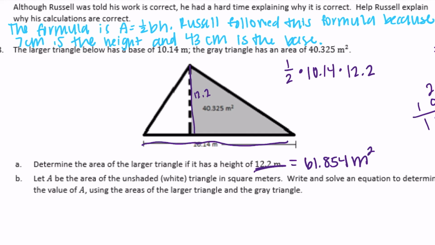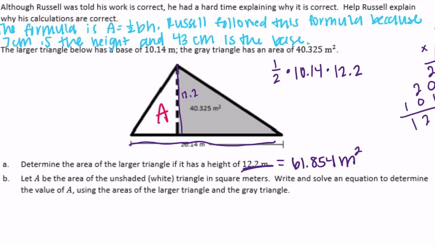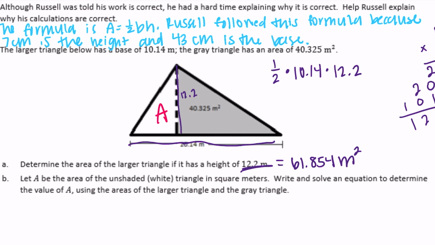Let A be the area of the unshaded white triangle. So here's A. It's the area of the unshaded triangle in square meters. Write and solve an equation to determine the value of A using the areas of the larger triangle and the gray triangle. Okay, so we know the whole larger triangle is 61 and 854 thousandths meters squared.